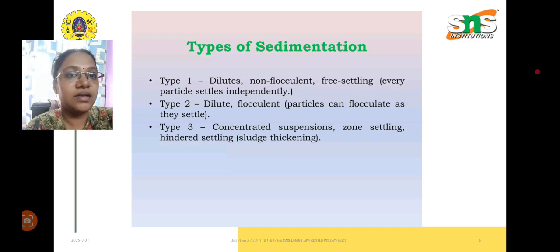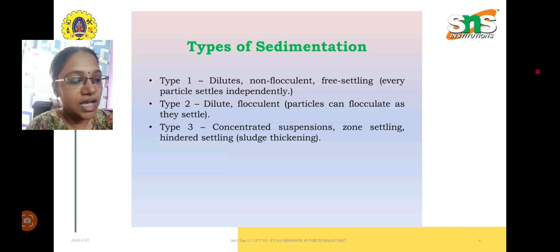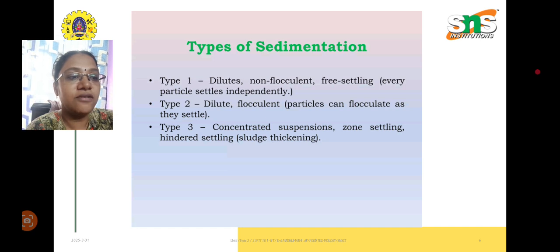The third type is concentrated suspensions and zone settling, or hindered settling. That is the sludge thickening process. So in these three types of sedimentation, we can conclude that there are many different types ranging from dilute, non-flocculent or flocculent types.